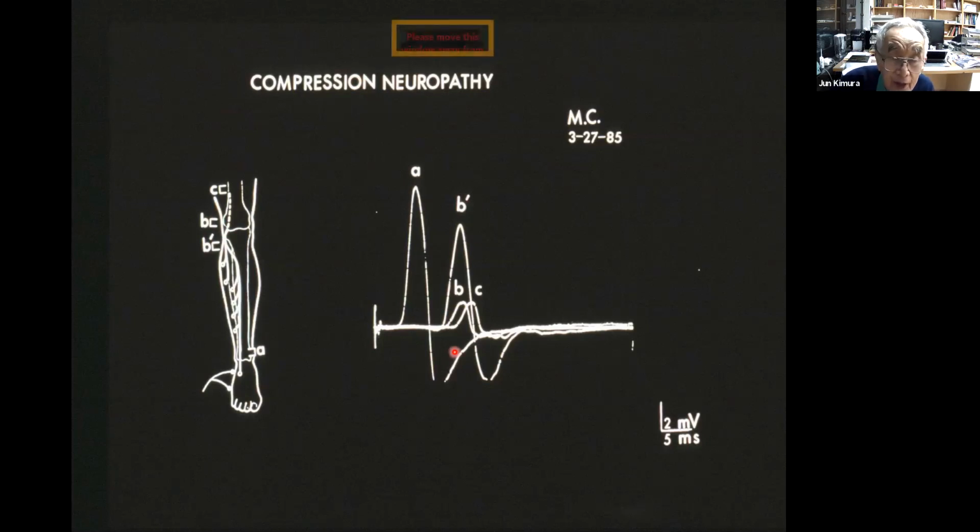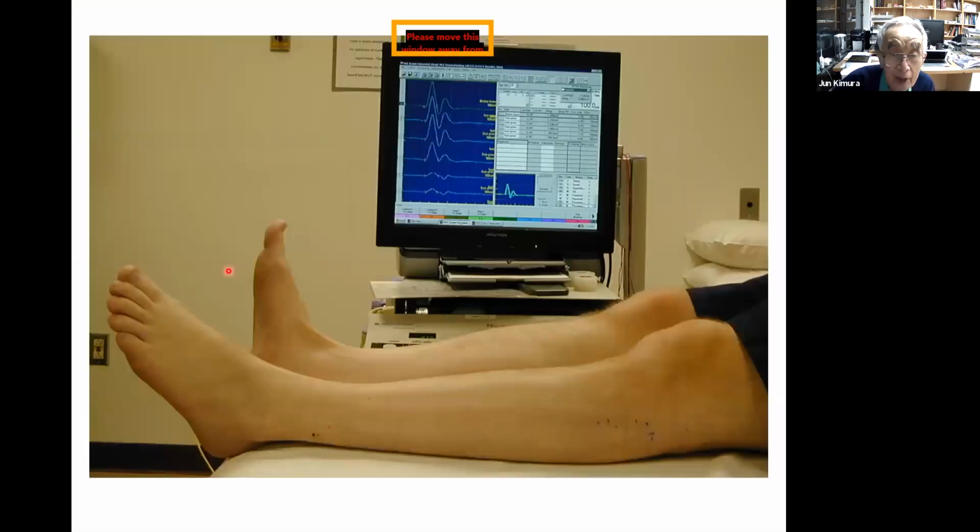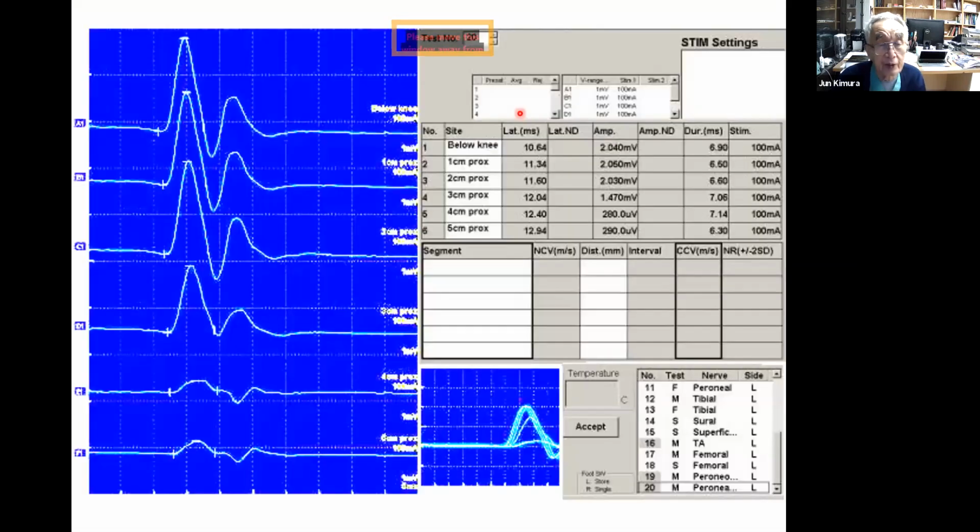With this kind of study, you can tell there is probably something wrong at the knee, but you don't know exactly where the compression is. So then you inch. This is the inching, and you notice the marks around the knee. When you inch, this time, latency is pretty much linear.